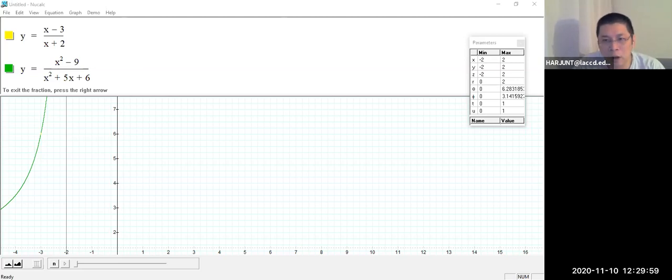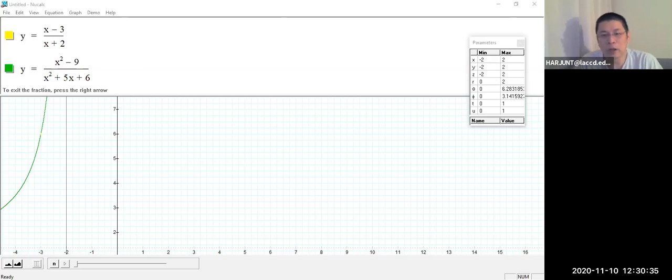We'll graph r star x because this function and r star x are actually the same except at one point, right? So what we will do is graph the simplified version, then identify the hole.